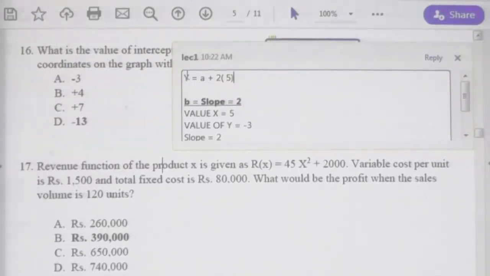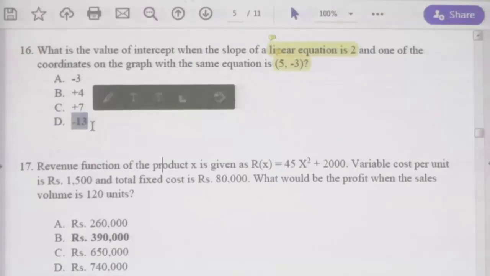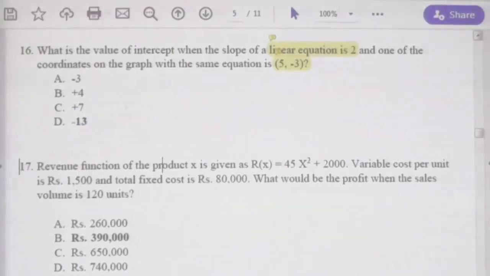The y value is given as minus 3, therefore 2 into 5 is 10, and when 10 is taken to this side, that will be minus 3 minus 10 equals a. A is called the intercept in the equation. Therefore, the intercept will be minus 13. The answer is minus 13. Let us take question 17.